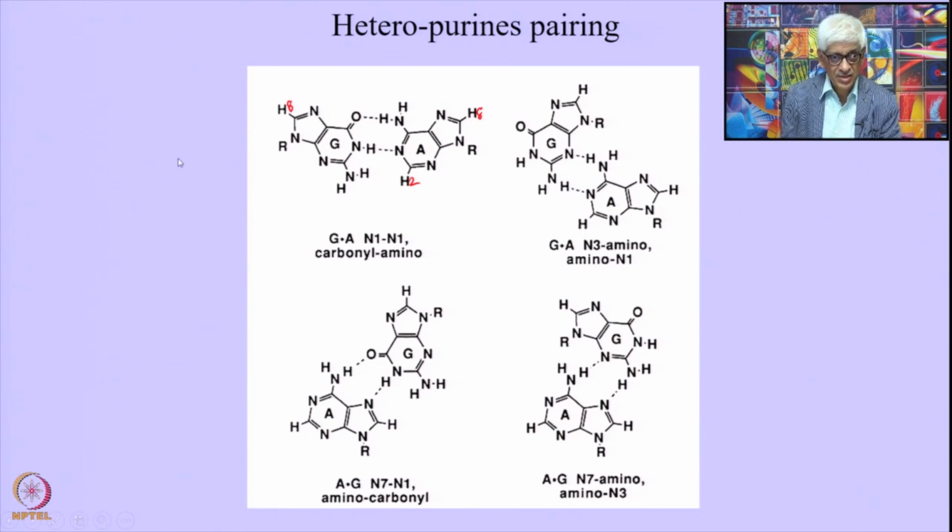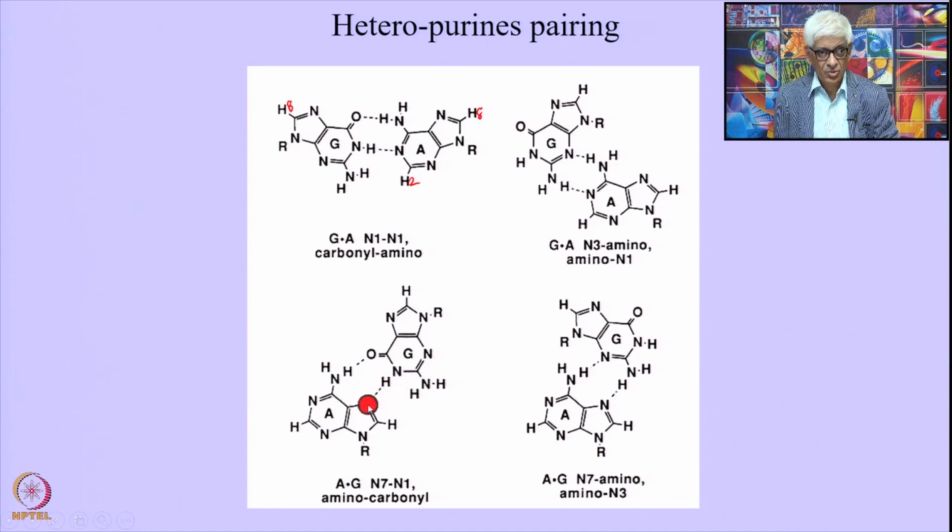And the next one is A-G N7 N1 amino carbonyl. So this is the G-A one possibility, and this is the next possibility here. So the amino of the A is going to the oxygen of the G, and then this NH...N, this N1 position is going to the N7 here.